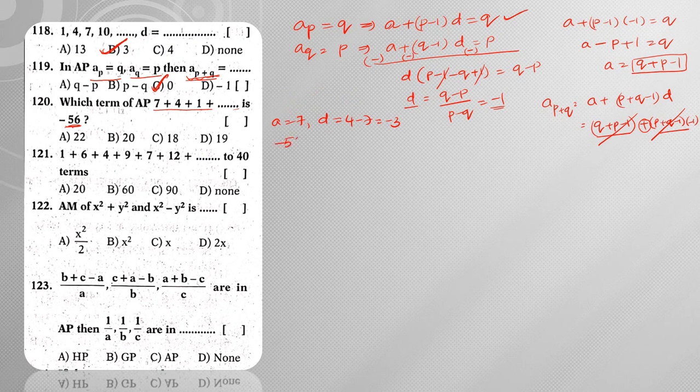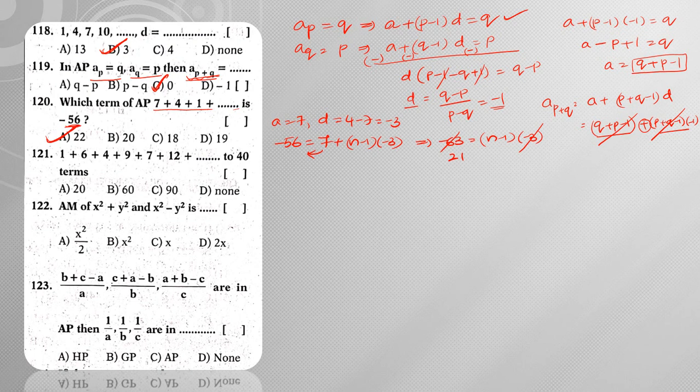So the nth term, minus 56, is equal to a plus (n minus 1) into d, where d is minus 3. When you transpose this 7, it becomes minus 7. Minus 56 minus 7 is minus 63. So minus 63 is equal to (n minus 1) into minus 3. This 3 will cancel 21 times. n is equal to 22. Hence the 22nd term is minus 56.